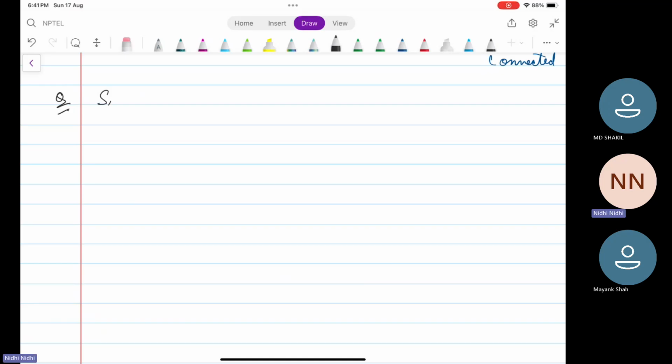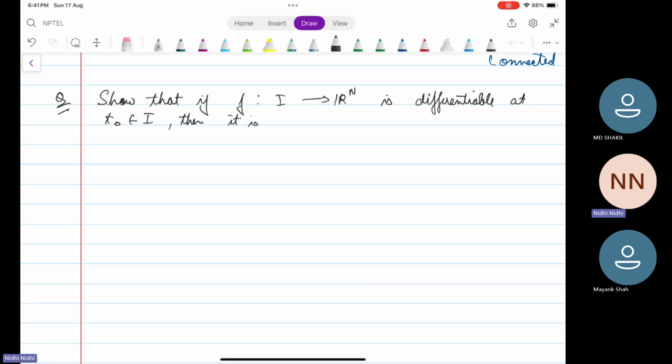Show that if f from I to Rn is differentiable at some t naught in I, then it is continuous at t naught.